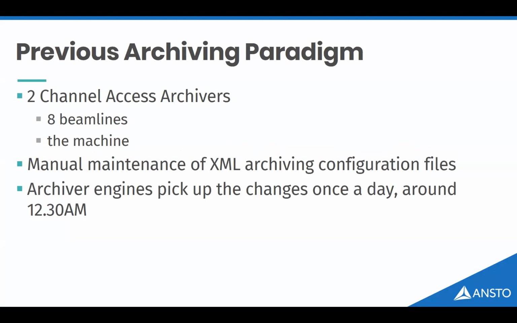But there was a lot of maintenance with the old archiver. Quite some XML configuration had to be done. After that was set up correctly, the archiver's engine would pick up the new config every night, and then start archiving or stop archiving a few PVs.